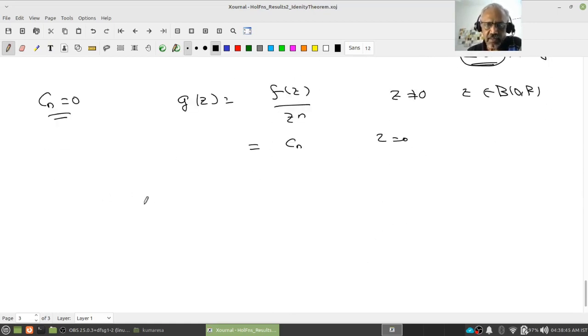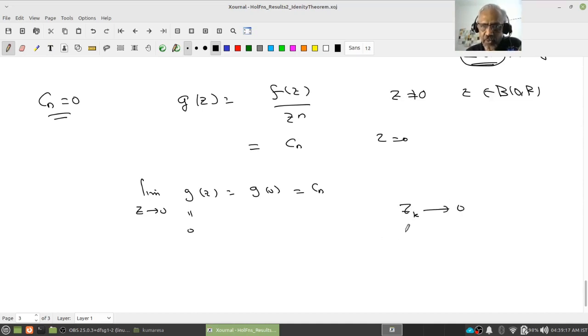Now what do I want to prove? Cn is 0. Therefore, what should I prove? The limit as z goes to 0 of g(z) is g(0), which is Cn. So if I want to prove Cn is 0, I have to prove this limit is 0. Now I know the limit exists because g is continuous. Therefore, let us look at the sequence zk which converges to 0, which is given to me.